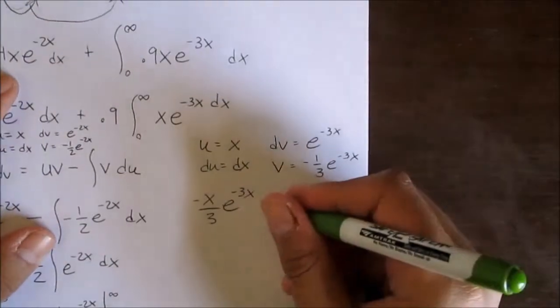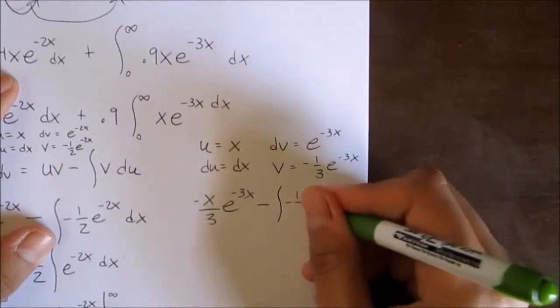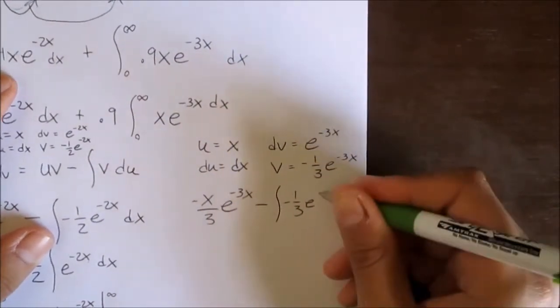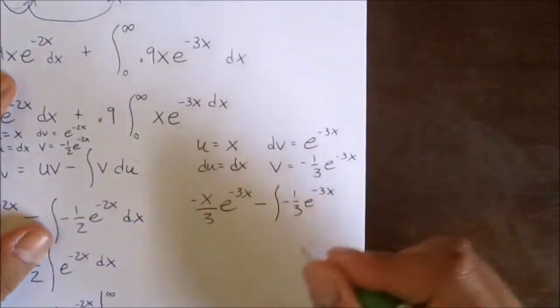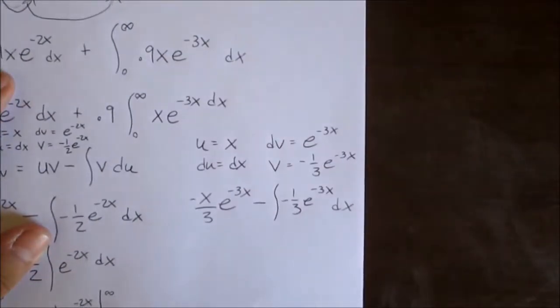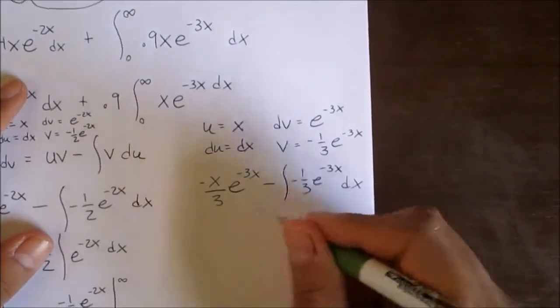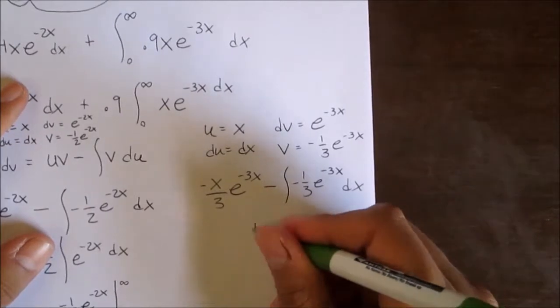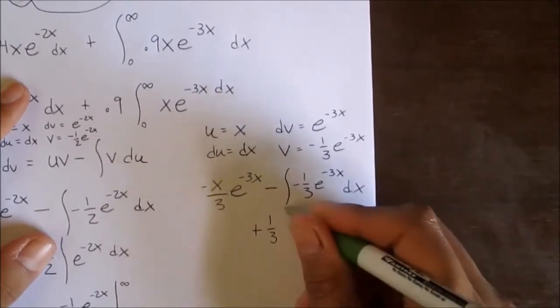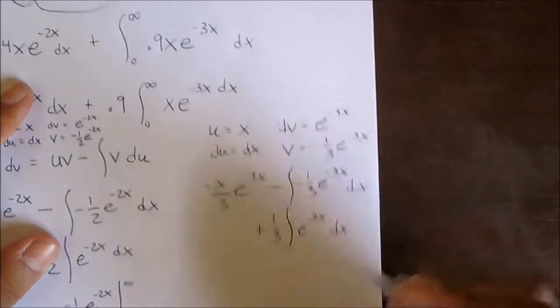So that's uv minus the integral of v, so negative 1/3 e to the negative 3x, and then du, which is dx. Okay, then let's start simplifying this more. So then this stays the same, but this is going to become plus 1/3 integral e to the negative 3x dx.